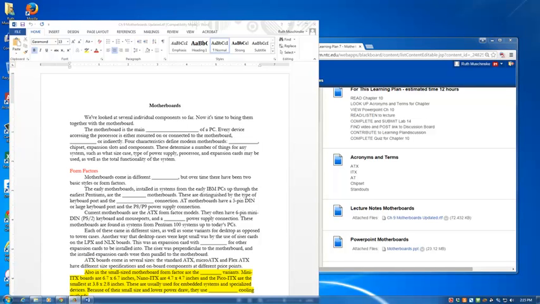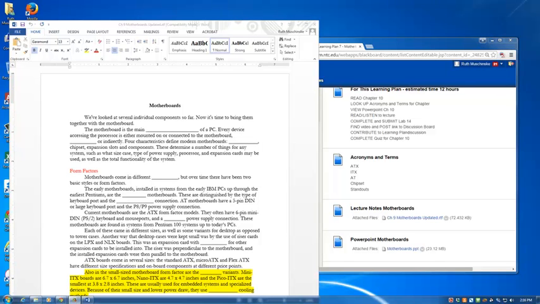ATX boards come in several sizes. The standard ATX, micro ATX, and flex ATX have different size specifications and onboard components at different price points. Also in the small-sized motherboard form factor are the ITX variants. Mini ITX boards are about 6.7 by 6.7 inches.